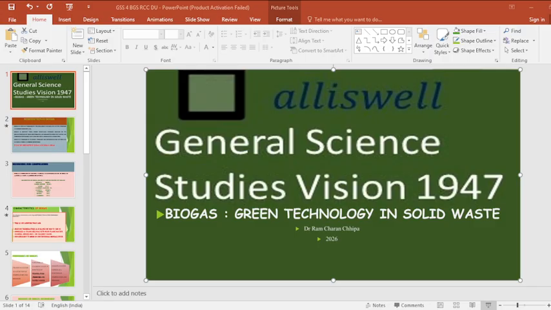Many questions on this are asked in competitive examinations, especially the IAS examination as well as the RAS examination.